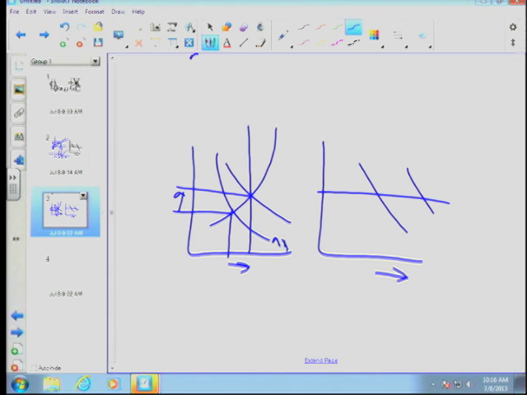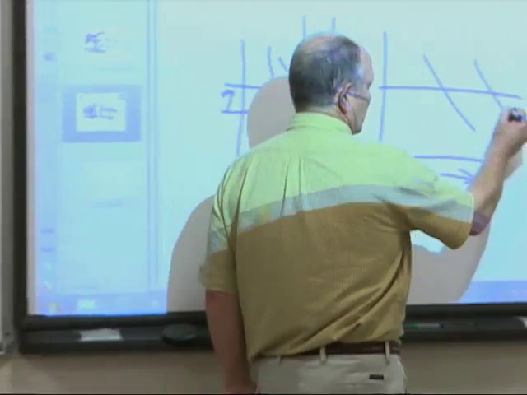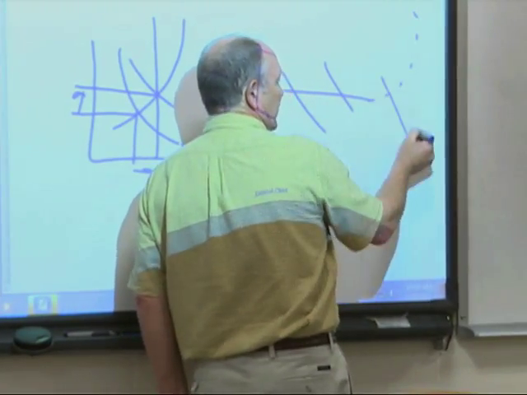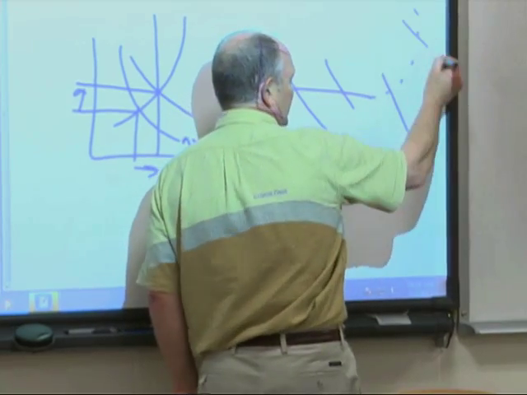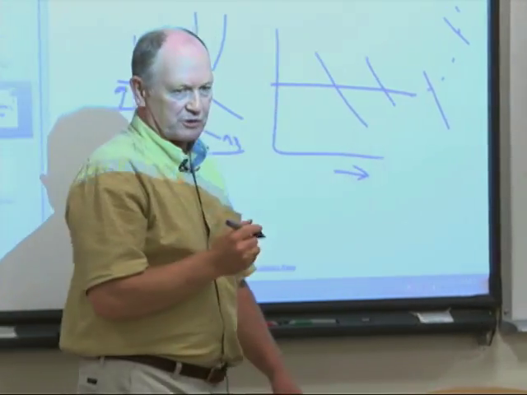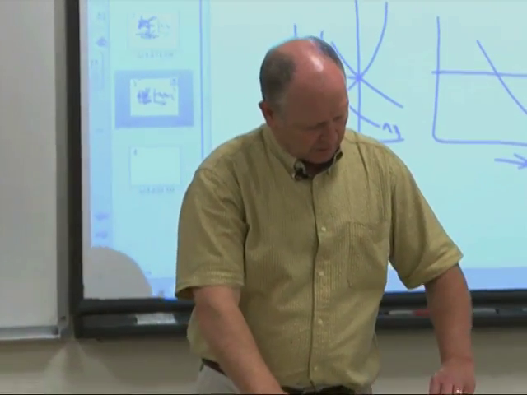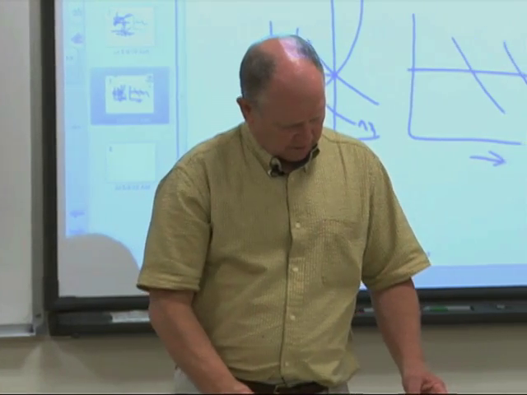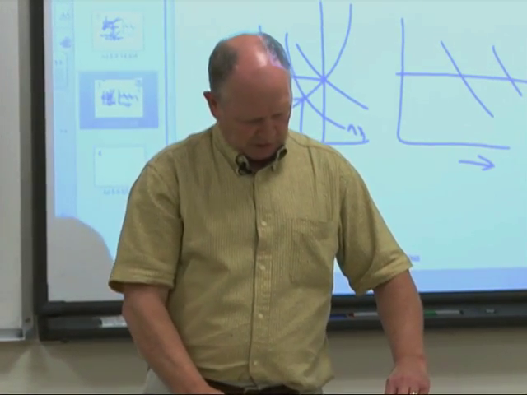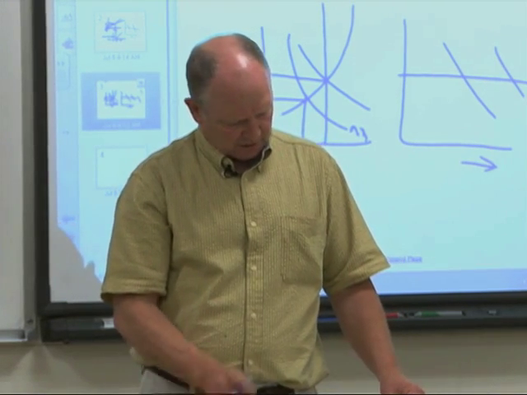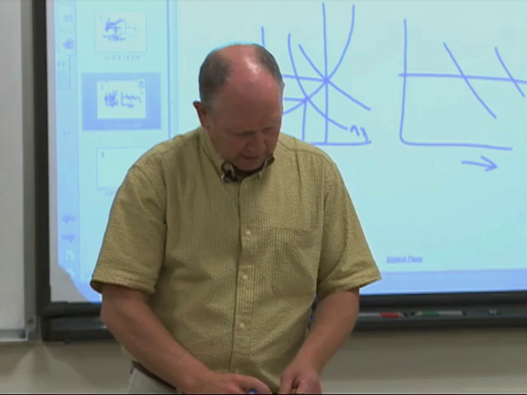Okay, so it depends on where we are. Once we start getting out here, then we get some output and some inflation. Then once we get up here, we get all inflation and no increases in output. Okay, that makes sense? So the only thing that you need to know about that is that excess growth in the money supply tends to cause inflation. And that's pretty much it.